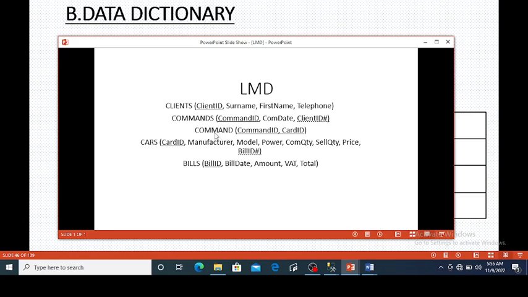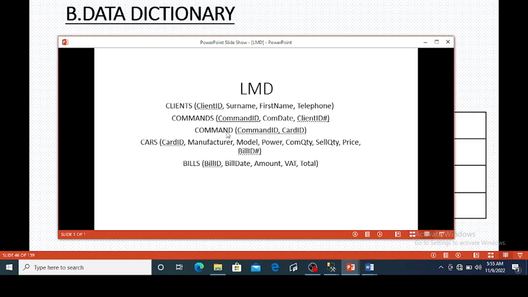Here then we have command. This command most of the time is called the weak entity, because it was brought between the cars and the commands.